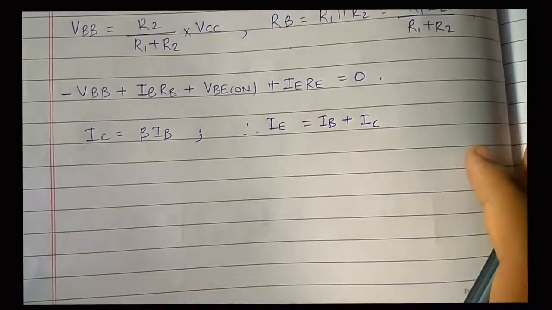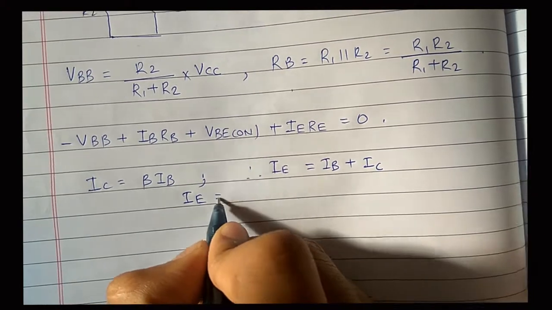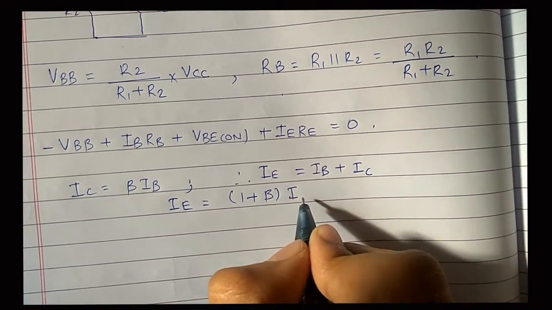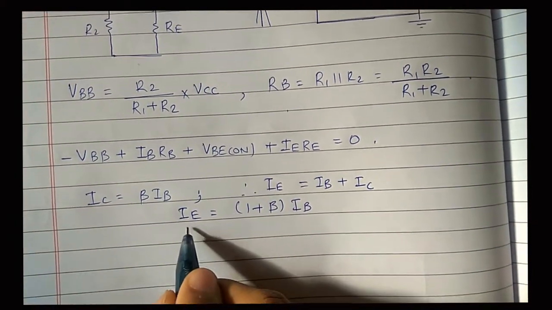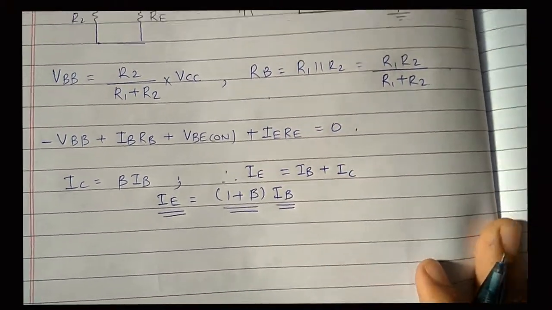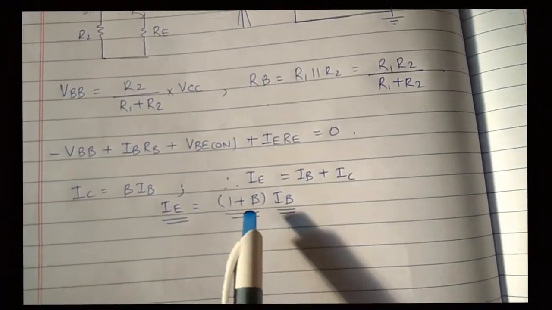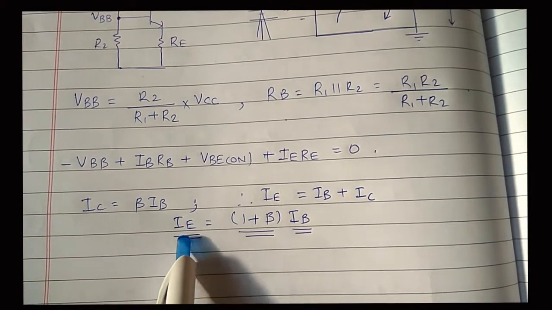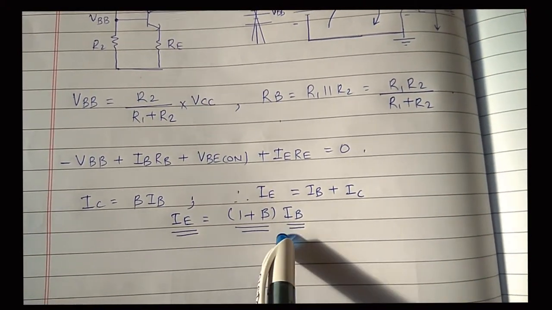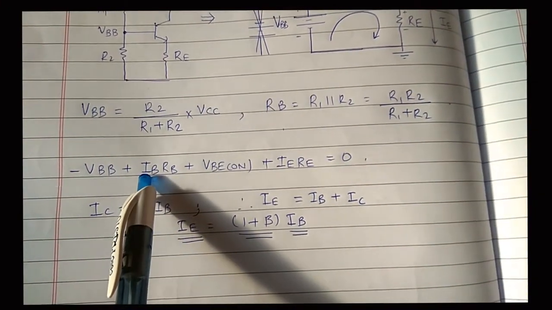So IE will be equal to 1 plus beta times IB. This is another formula you should remember: IE equals 1 plus beta times IB. So putting this formula in this equation, we will be able to find out IB.